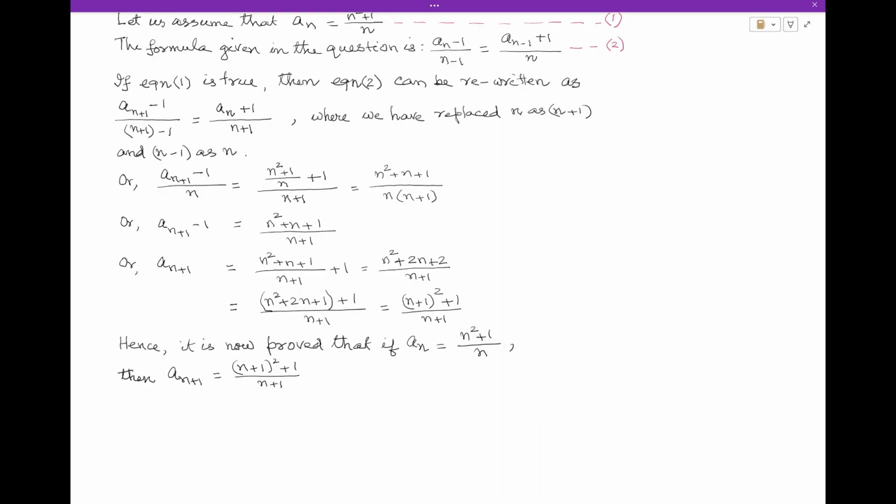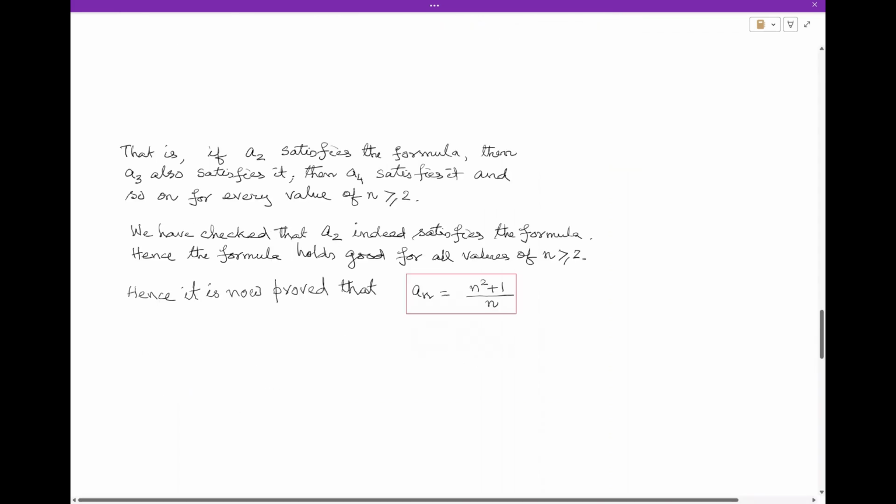That is, if we assume that the nth term is as per this formula, the n plus 1th term will be as per the same formula with n plus 1 replacing n. That is, if A2 satisfies the formula, then A3 also satisfies the formula, and if A3 satisfies the formula, A4 will satisfy it, so on and so forth.